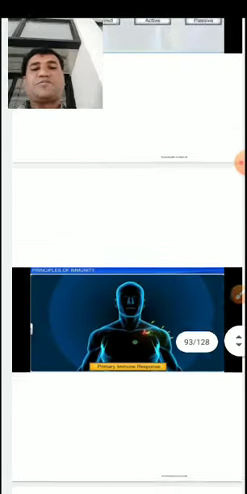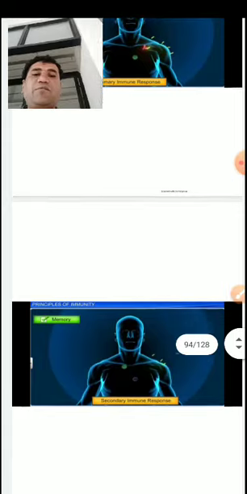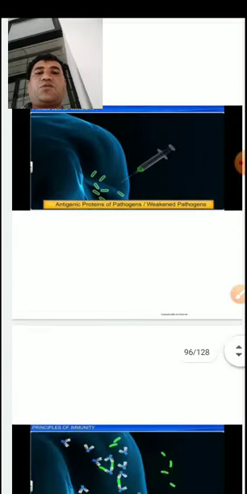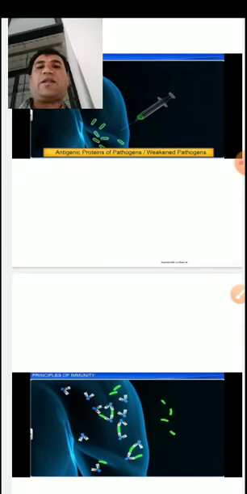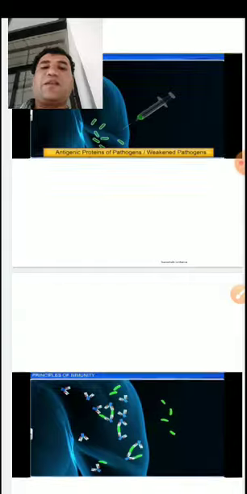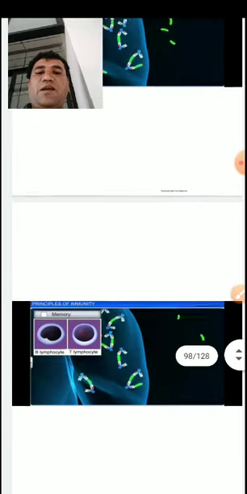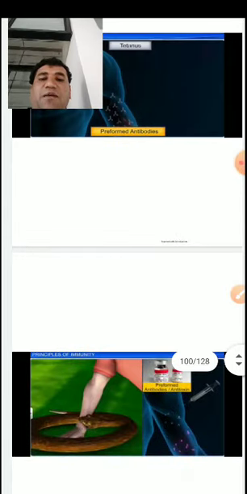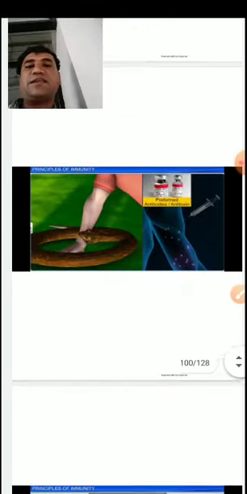Active means generally the primary immune response, which we have already discussed. When antigenic proteins of pathogens are weakened, that is called active immunity, and these will support the memory cells, IgM cells. In diseases like tetanus, preformed antibodies are used, and in the case of snake bite also preformed antibodies are used.